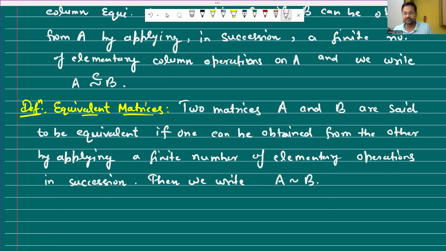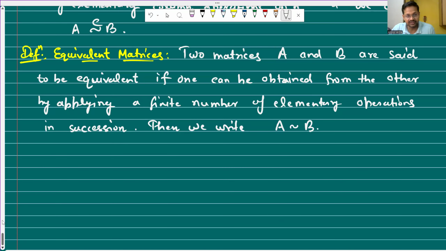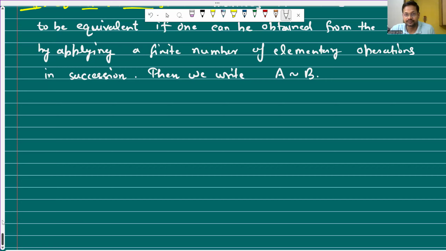So we are going to write the definition of a very important matrix form that is called row echelon form of a matrix. सानिया यहाँ तक क्लियर?